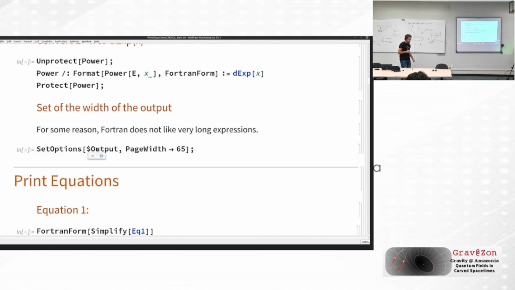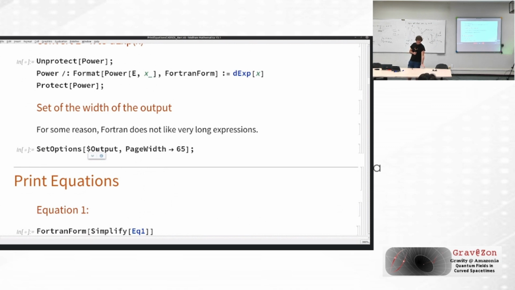Then, Fortran doesn't like very large expressions. From what I remember from Philippe Freite, this has to do with the fact that Fortran is a very old language, from the time when, if you wanted to compute anything, you had those cards where you punched holes, and that was the code. Those cards have a fixed length. So when you went from that to the usual computer languages, Fortran still kept that limit.